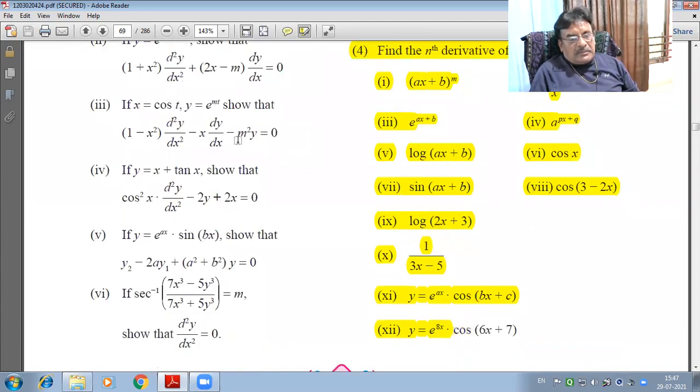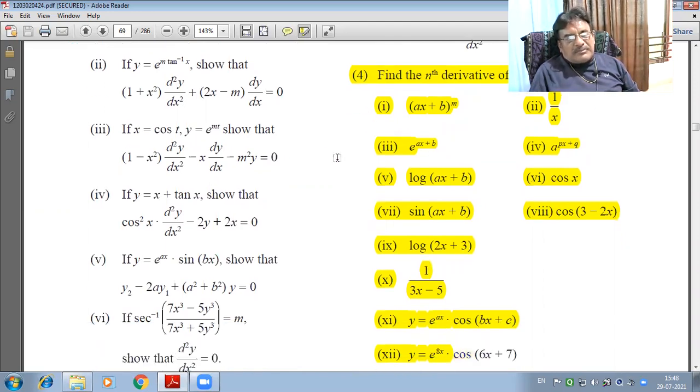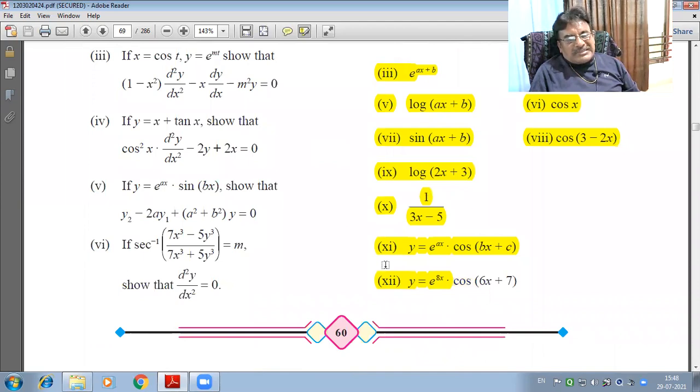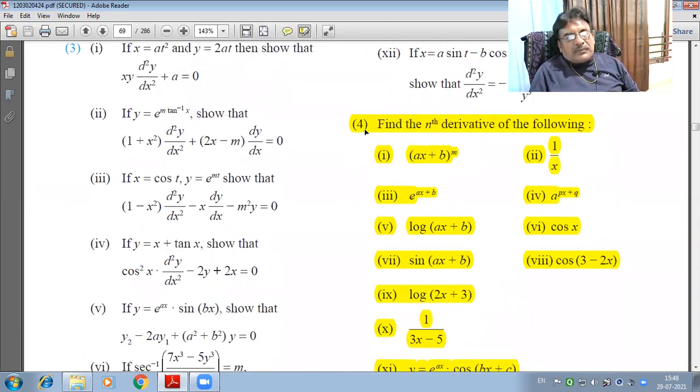And here it says find the nth derivative of the following, that is ax plus b to the power m, second 1 by x. This is problem number 4, and in this problem number 4, there are 12 problems. All these problems are deleted. That is page number 60.